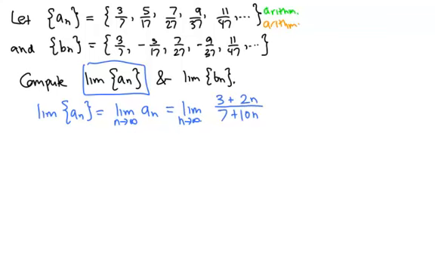Now that I'm armed with the sequence, I'm going to change all of those n's to x's and see what I get by treating it as if it was a function. So now I have the x's in here. Remember, this is more than a cosmetic change. You're now thinking of this as an honest-to-God function, not just something that you plug integers into. So if I take a look at this thing, it's got one discontinuity. It's discontinuous at x equals negative 7/10.